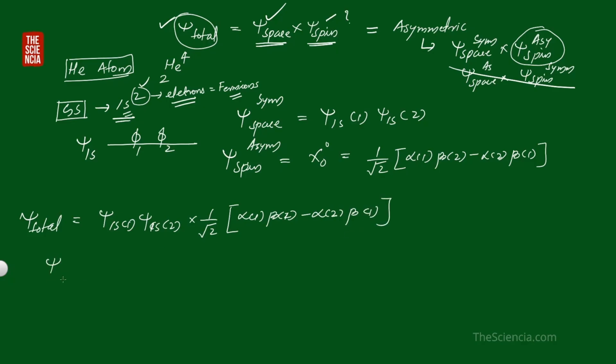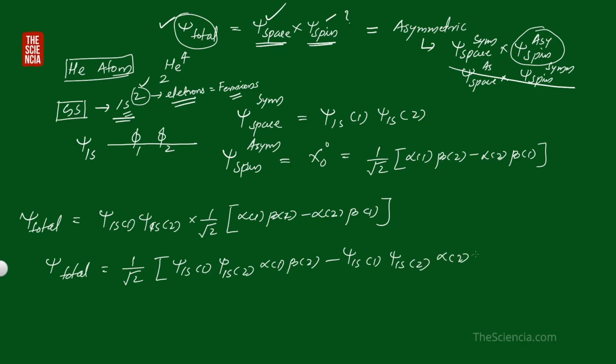That is, psi total is equal to 1 by root 2 (psi 1s of 1 psi 1s of 2 alpha of 1 beta of 2 minus psi 1s of 1 psi 1s of 2 alpha of 2 beta of 1). This is the wave function for the ground state of a helium atom, right?